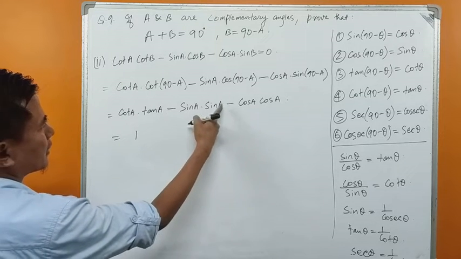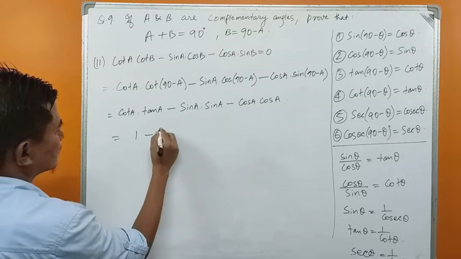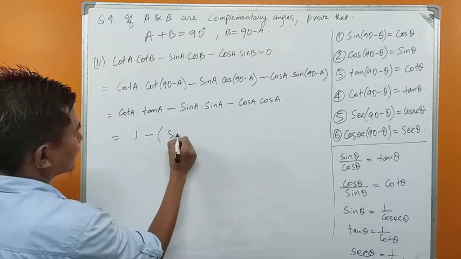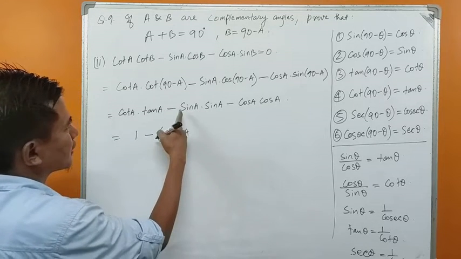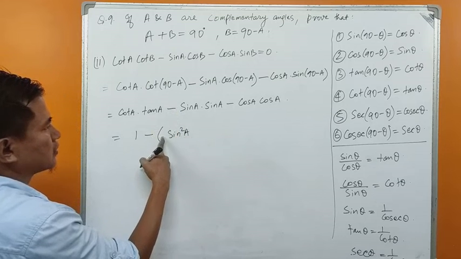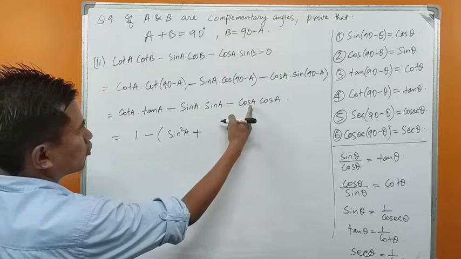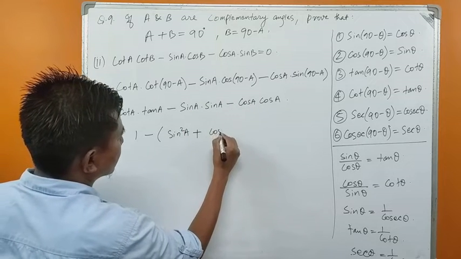So let us take this minus common. Minus, within the bracket remains sin a into sin a, sin square a. At the same time, this minus changes to plus. Similarly, this minus changes to plus. Cos a into cos a is cos square a.